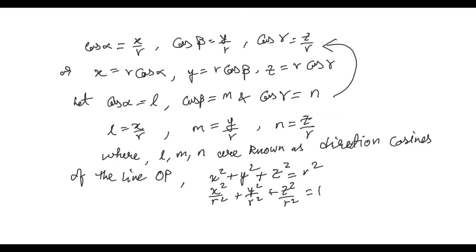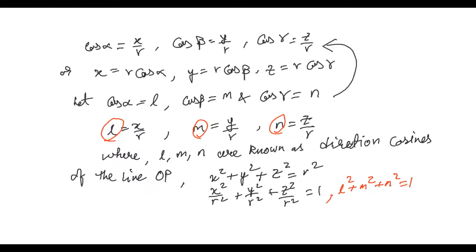So we know that x by r is L, y by r is M, and z by r is equal to N. So obviously it is going to be L square plus M square plus N square equals 1. So what are these L, M, and N over here?